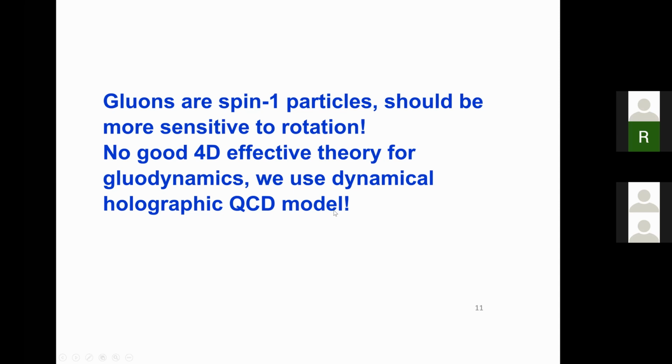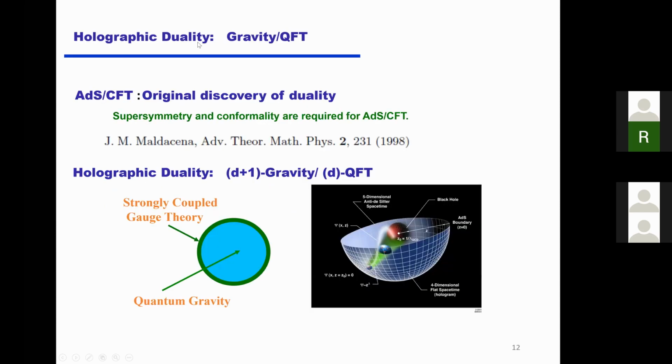So I will briefly introduce this holographic duality. It is based on the AdS/CFT duality, from which we expect a general holographic duality between any d-dimensional quantum field theory and a (d+1)-dimensional gravity.